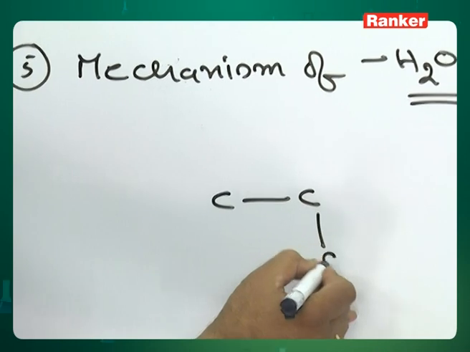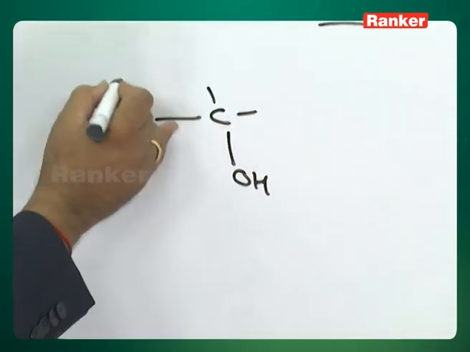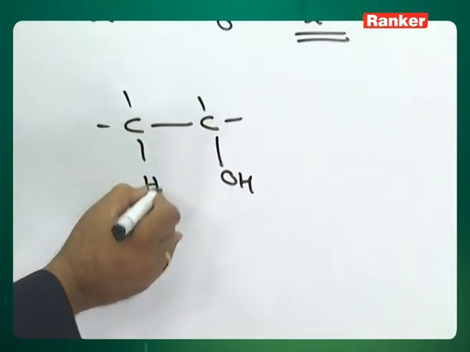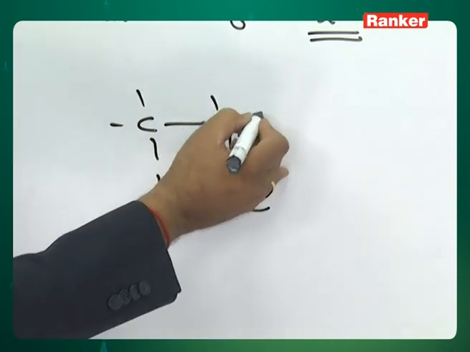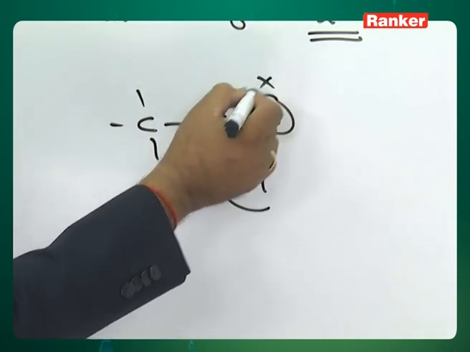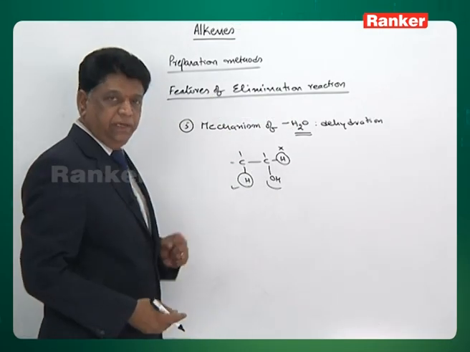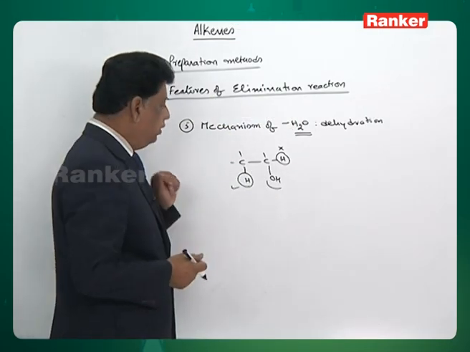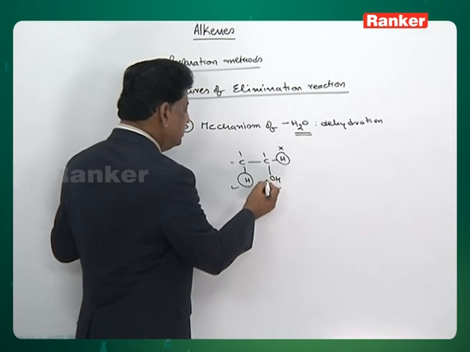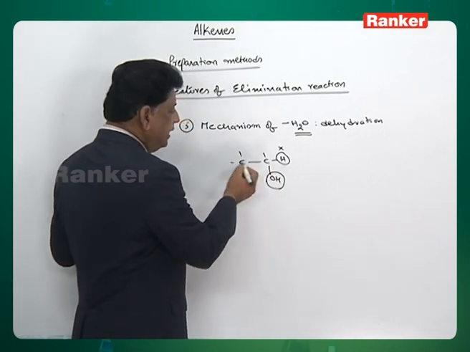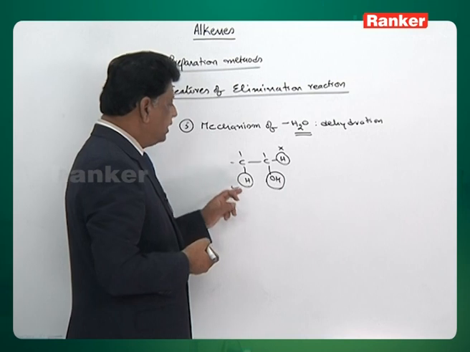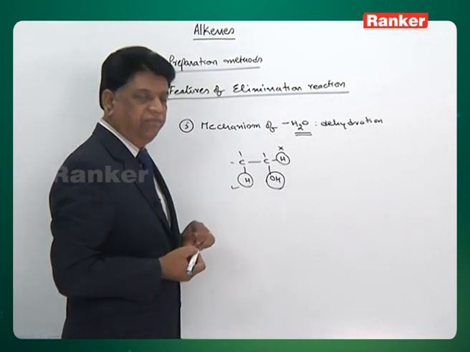An example: if I am going to remove water from an alcohol, as we have agreed already, the OH will not prefer this hydrogen, but prefers this hydrogen. This is called selecting a beta hydrogen according to the first rule. The OH and the H go out from the beta carbon, not from the alpha carbon.